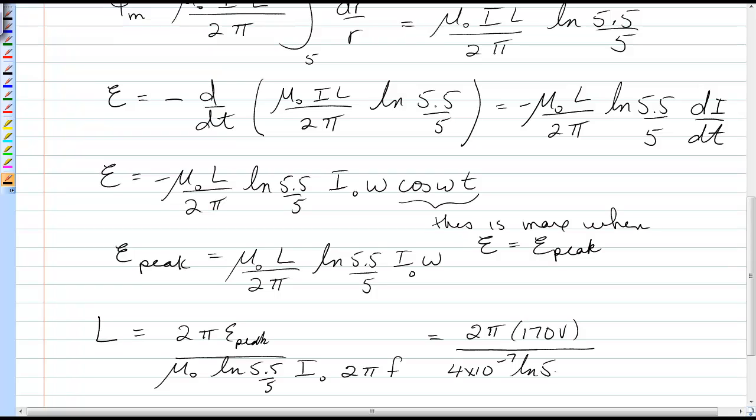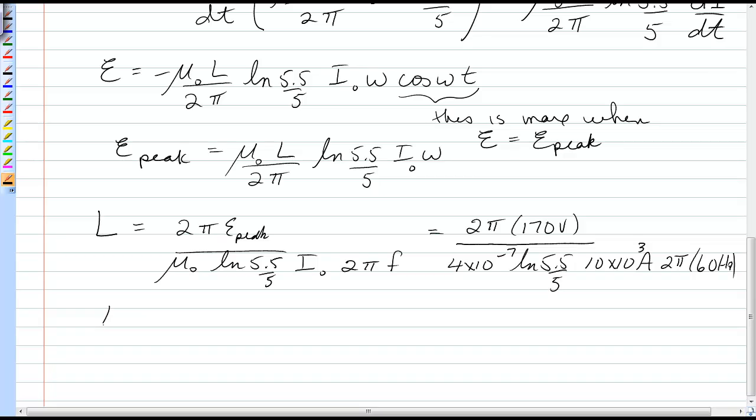Then the ln I naught was 10 kiloamps, 10 times 10 to the 3, and then 2 pi, and frequency was 60 hertz. And if you sub all those values in, you get, in fact, that the farmer's loop has to be 2.37 kilometers long, an extremely long loop.